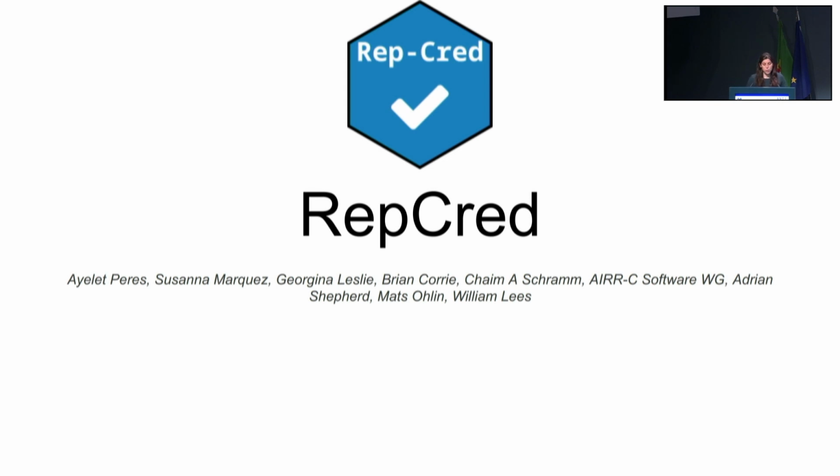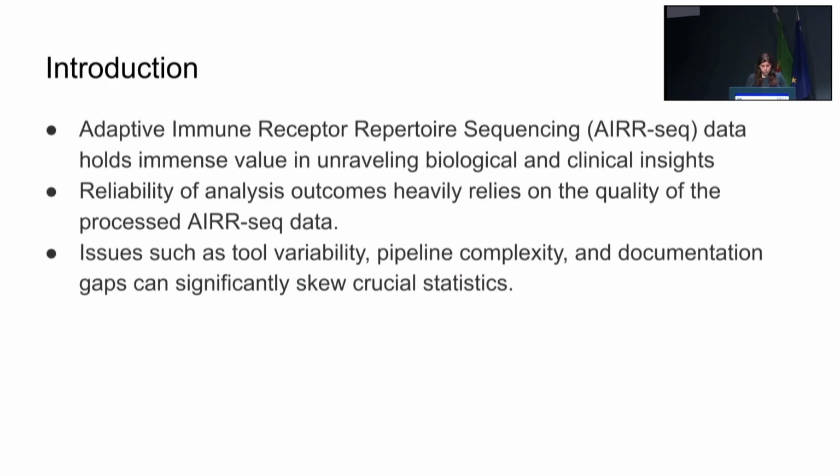RepRed was developed with the aim of creating a package that will allow us to test the credibility of a single repertoire. So again, in the realm of AIRR-C data, we have a lot of challenges. A lot of them stem from the different protocols and analysis that are applied to the repertoires.